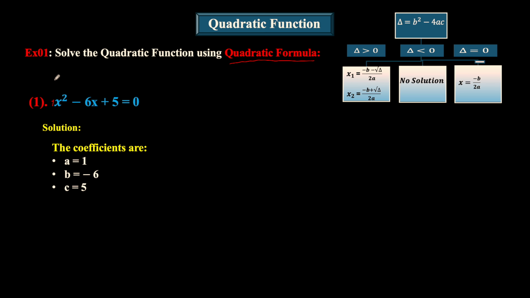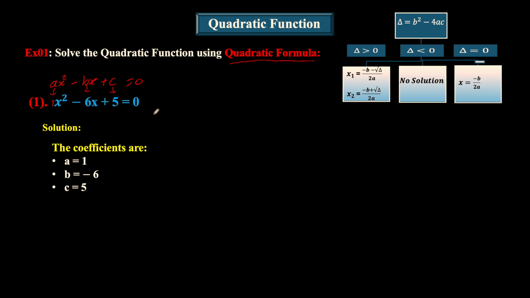So you think in this way: ax squared minus bx plus c is equal to 0. So this is our c, this is b, this is a. So a is equal to 1, b is equal to minus 6, c is equal to 5.